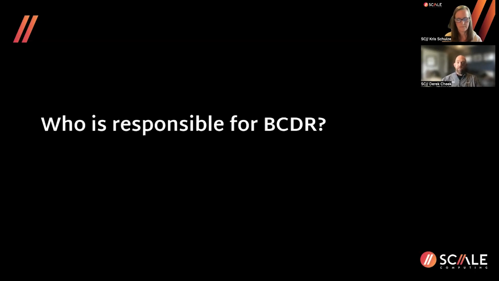Department heads and leaders of various departments contribute by providing insights into the critical functions and resources in their departments. They help in identifying dependencies and systems and people, critical data, and really facilitate those necessary recovery time objectives. And then finally, all employees. While not directly responsible for creating the continuity plan, all employees play a role in its success.